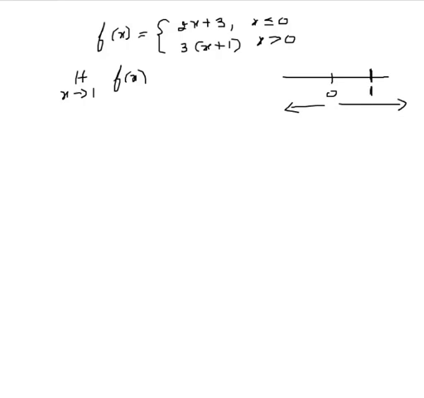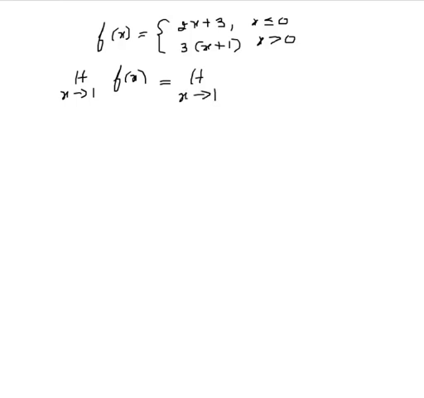On the left side of 1 or on the right side of 1, when we take very close values, both are going to be greater than 0. So we need not do LHL, RHL for the limit value 1. So we can combine and do limit extending to 1.